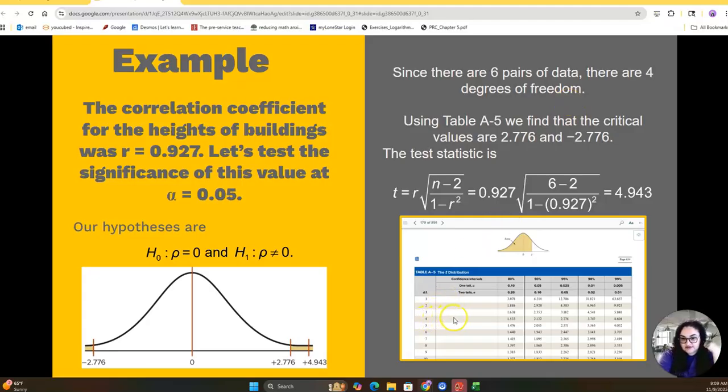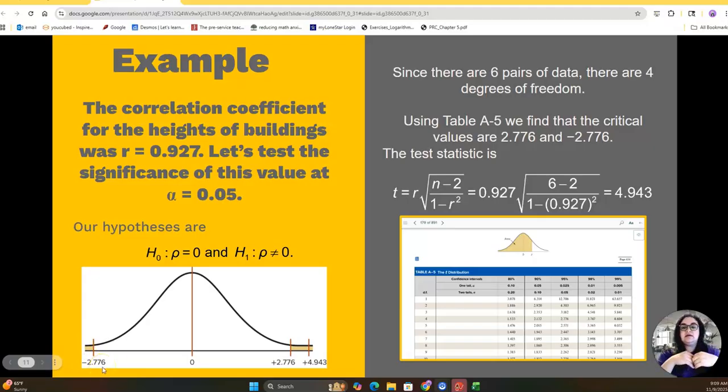We have a two-tailed test, so the amount in our tails is 5%, which means the middle that we're also looking at is 95%. So we're going to go over to the column that has 95%. Our tail is set up, our critical value is 2.776. So that is what this number is, 2.776.